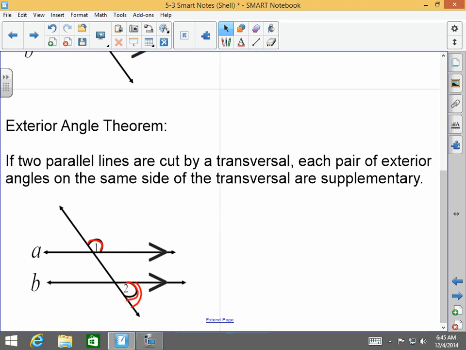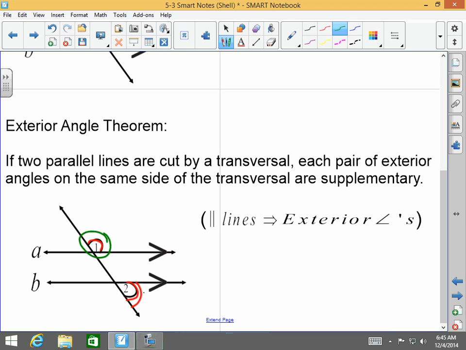What this is stating is that if two parallel lines are present and they're cut by a transversal, then these exterior angles, 1 and 2, top side and underbelly, will equal 180. They're supplementary. So in this case, angle 1 plus angle 2 equal 180 degrees.